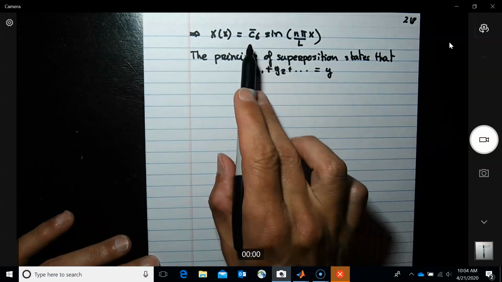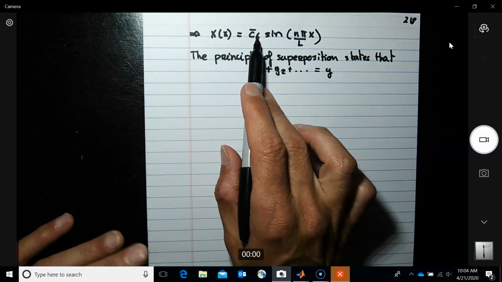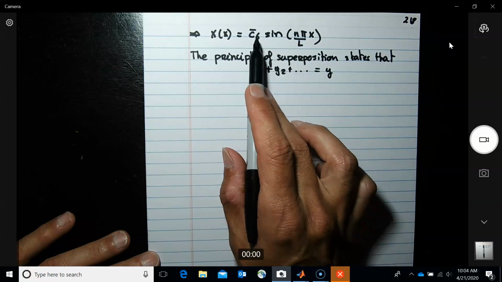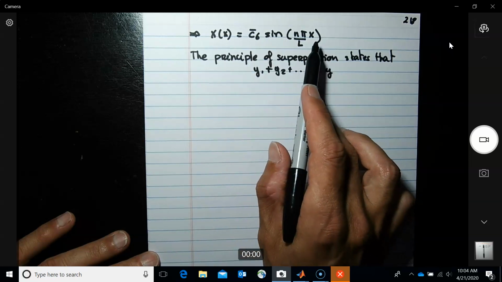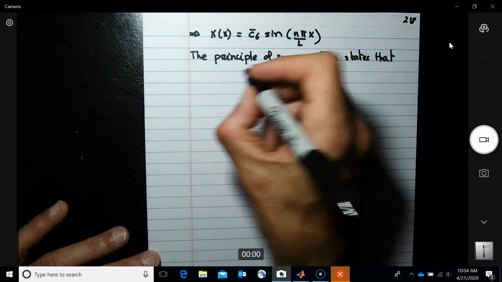So imagine that you have different values for C6. Let's replace the 6 by an n. So C bar 1 will be a solution, C2 will be a solution, C3 will be a solution.